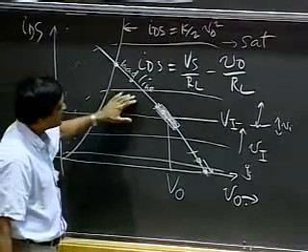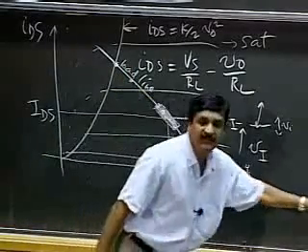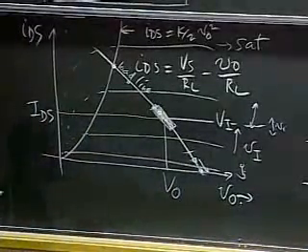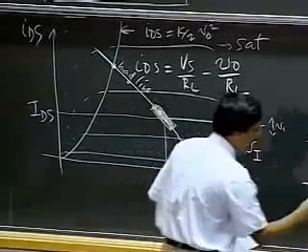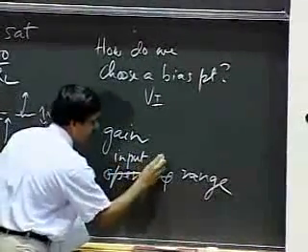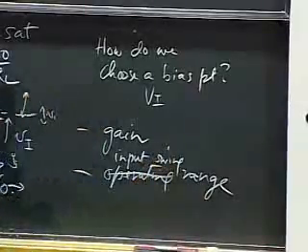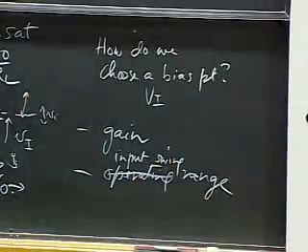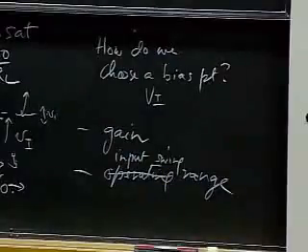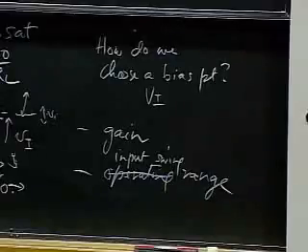And so the choice of bias point also influences the maximum swing range of my input signal. I shouldn't call this operating range. I should call it input swing range. We defined the valid input operating range as the range for which the amplifier satisfied the saturation discipline. So the two key issues are the gain and the input swing.